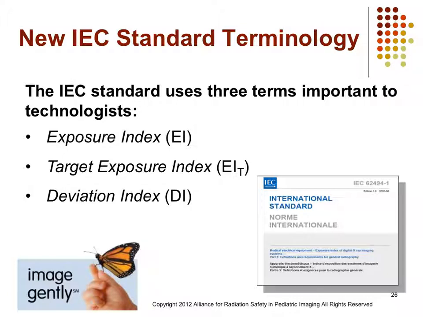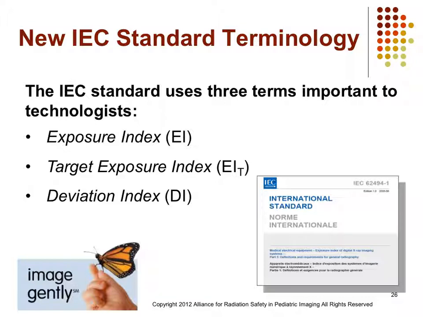So if your facilities are still making use of those other standards, it just means that they haven't upgraded, whether that's their software or getting new equipment. But the new IEC standard is a part of all new equipment, and IEC stands for International Electrotechnical Commission, and the number of the standard is here.